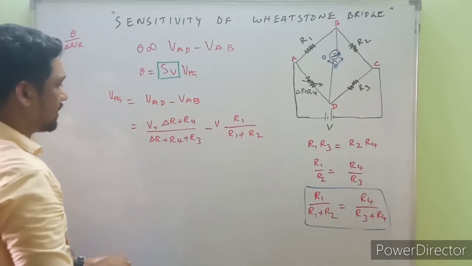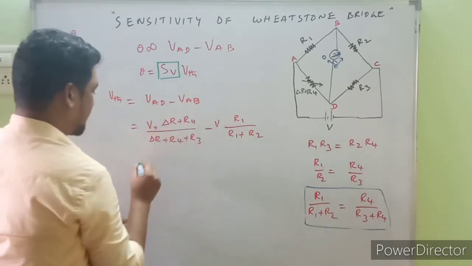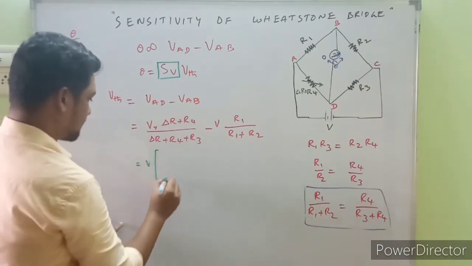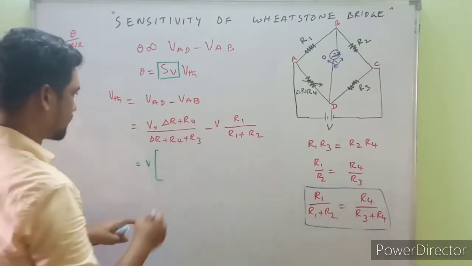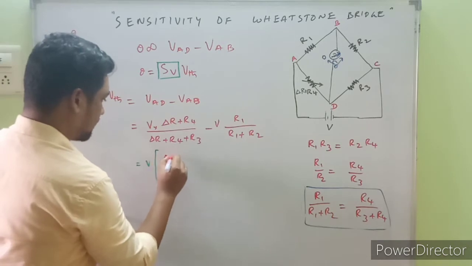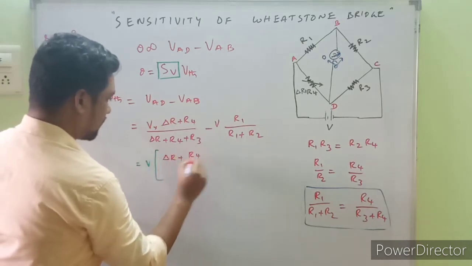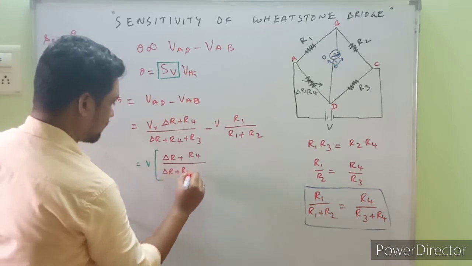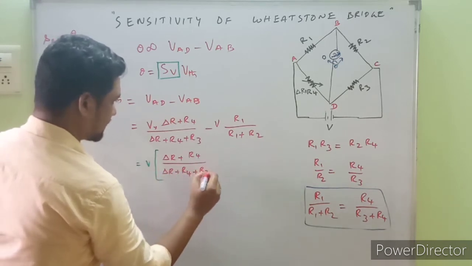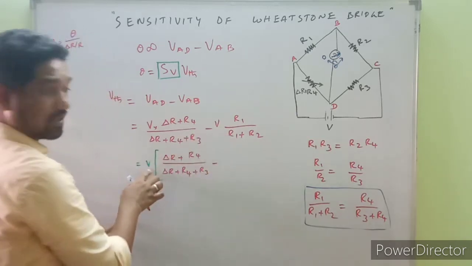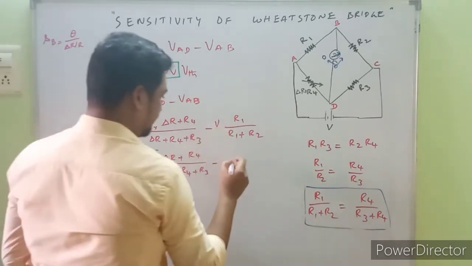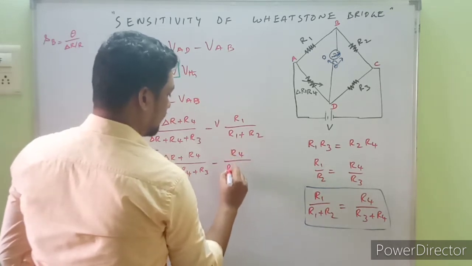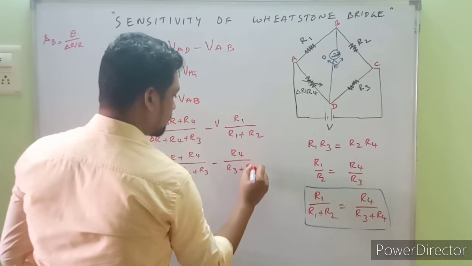In both cases we have the supply voltage V, which can be taken out as common. And then del R plus R4 upon del R plus R4 plus R3 as it is. Now here this can be written as R4 by R3 plus R4.